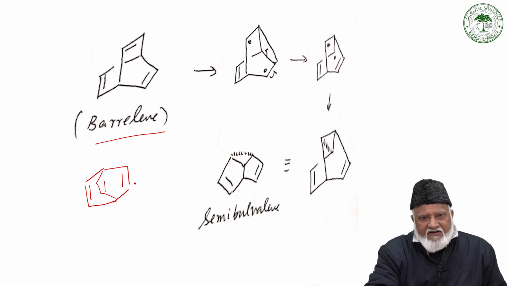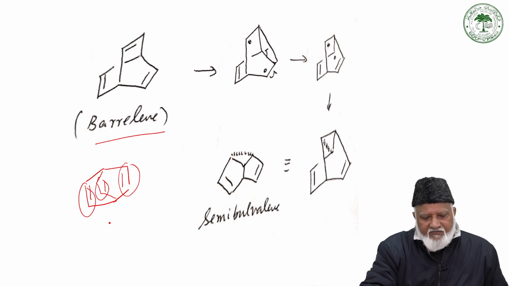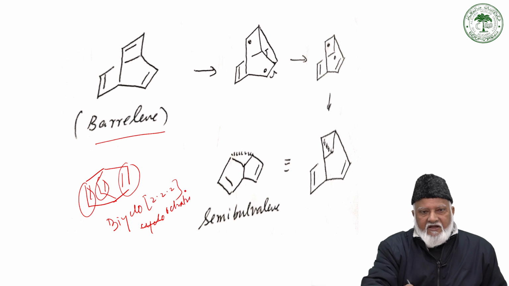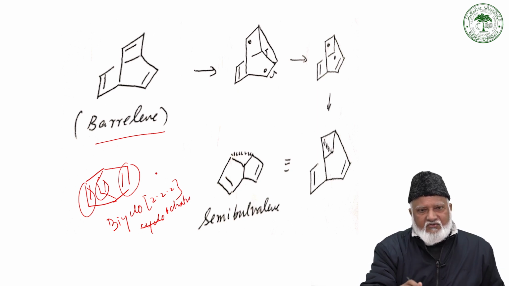So this is a bicyclic system, and the common name is barrelene, but this can be named as bicyclo[2.2.2]octatriene. The reason for this is shown here.